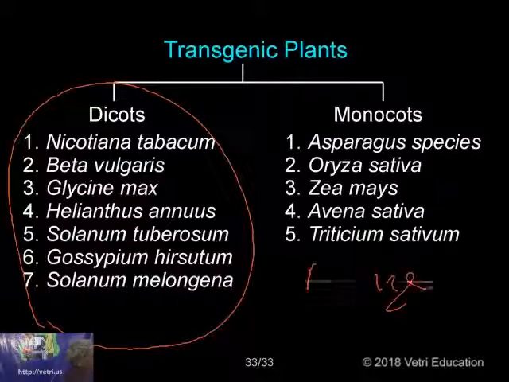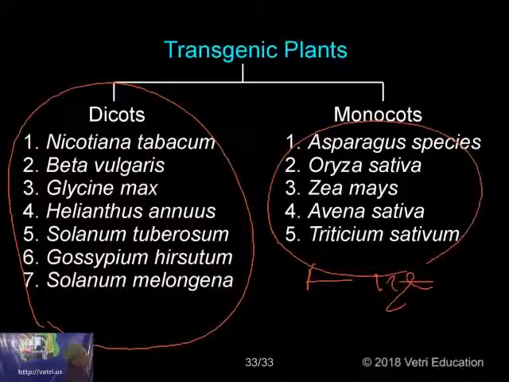Then Avena sativa, which is called oats, and Triticum sativum, wheat. These are some of the monocotyledonous plants where transgenic plants have been introduced into nature. This gives you a beautiful picture of how biotechnology could be made more useful to humankind.